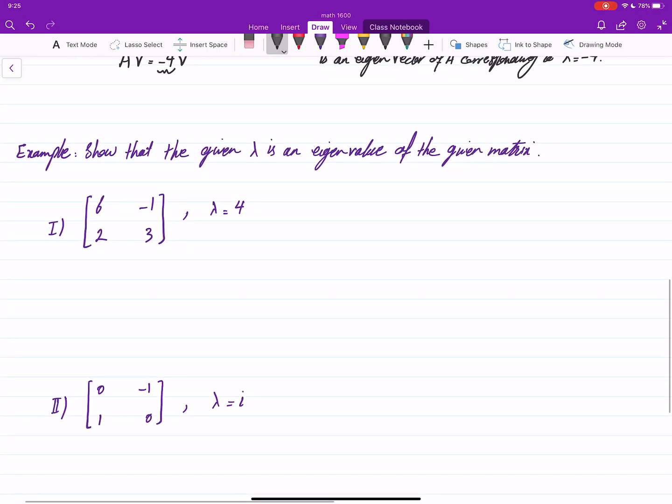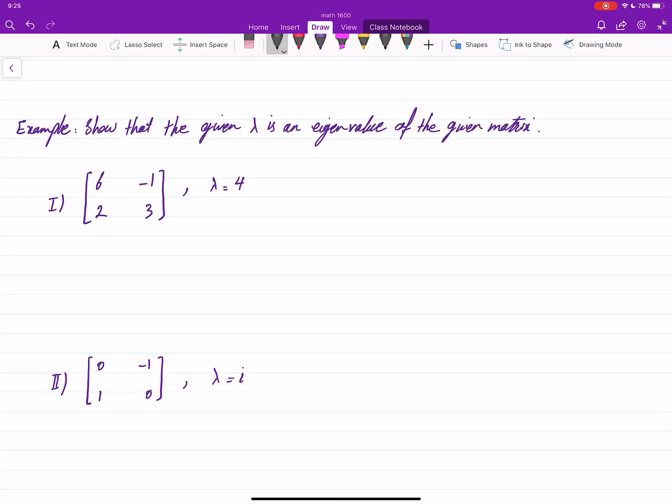Okay, the other example says: show that the given lambda is an eigenvalue of the given matrix. So what should we do?